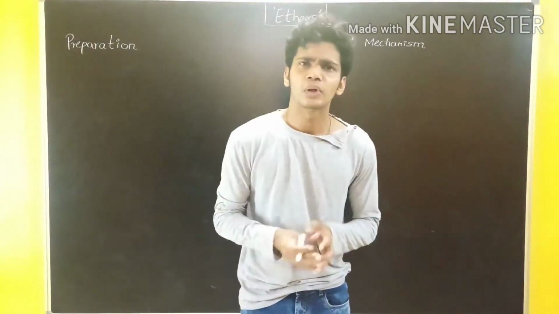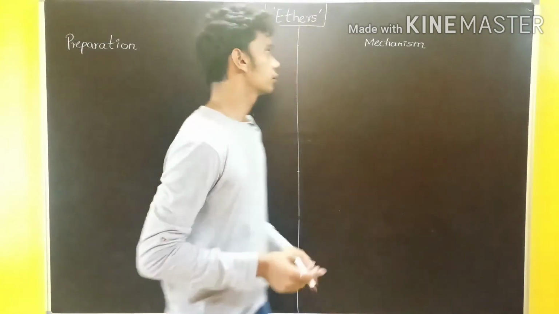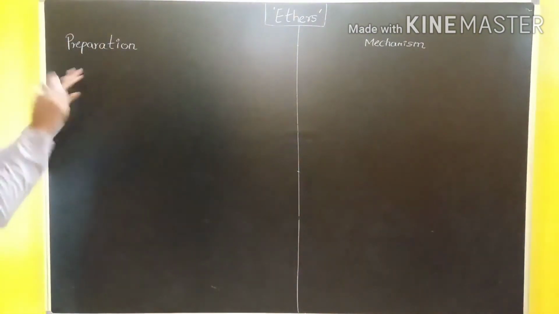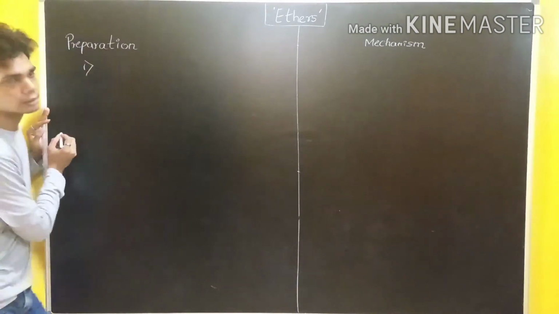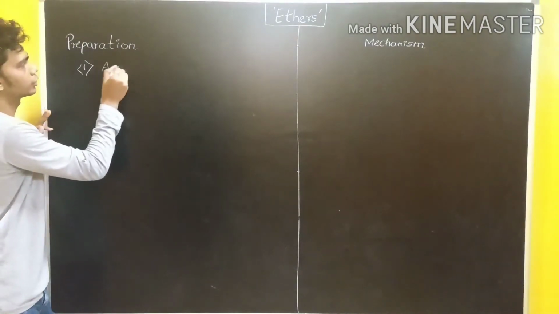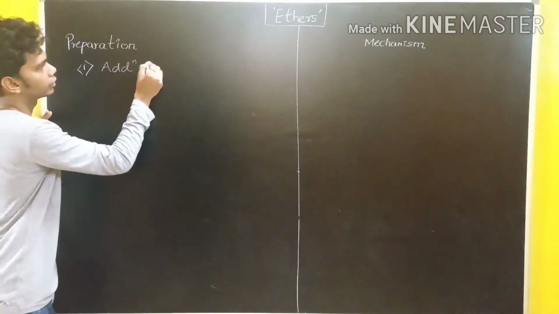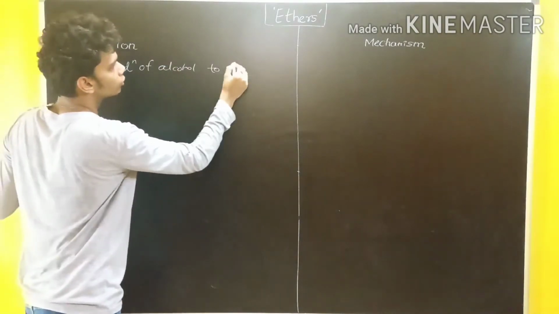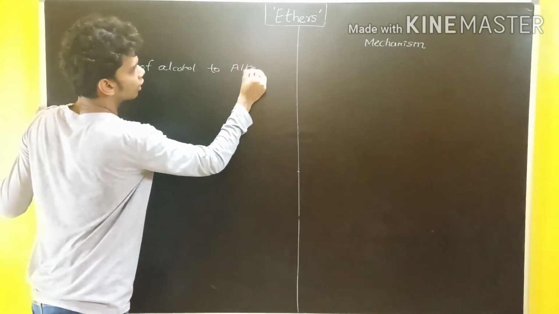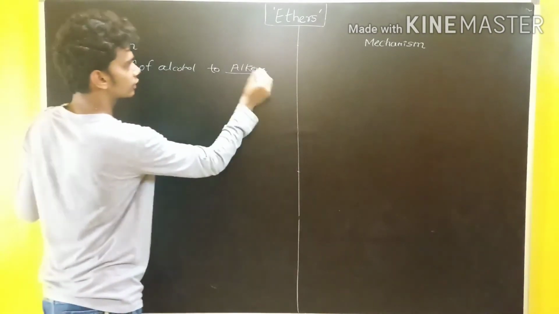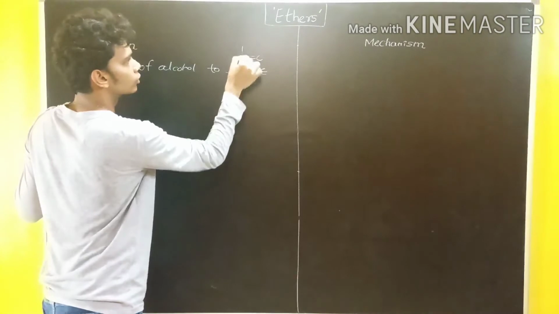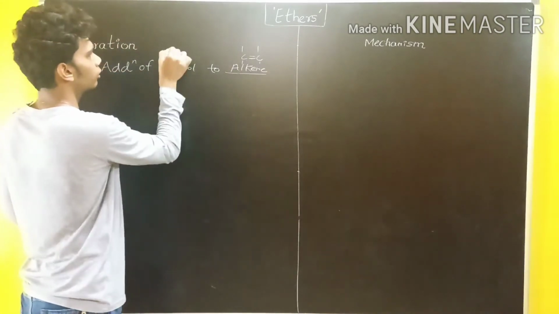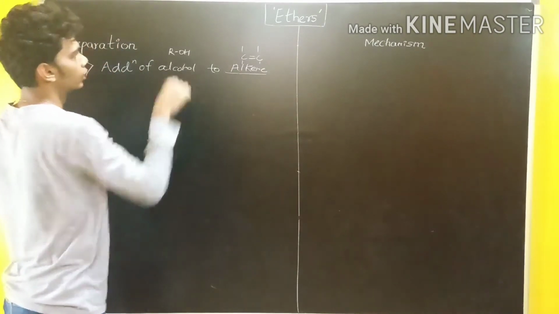Okay, now let's talk about the preparation methods of the ethers. The first method is by addition of alcohol to the alkene. What is an alkene? A carbon-carbon double bond should be there, and alcohol ROH should be there.